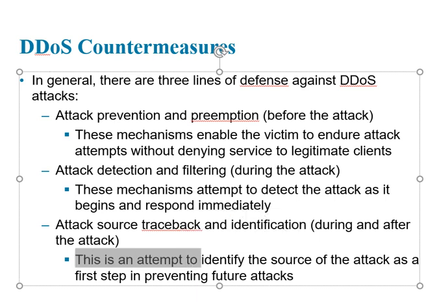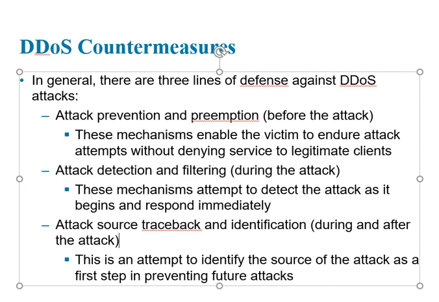So this is an attempt to identify the source of attack as a first step to preventing future attacks. There will be like a cycle. So prevent, detect, and trace back.